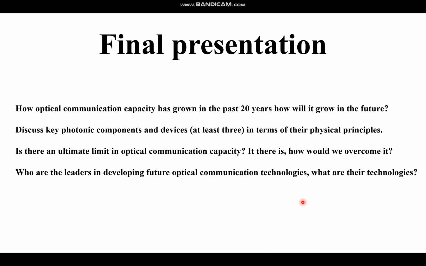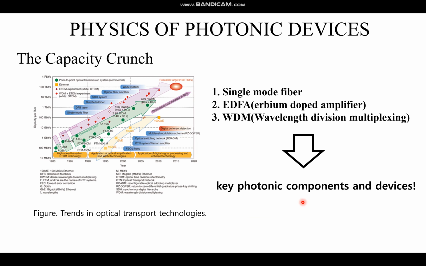Here is the question. The question will discuss four things. Year by year, the demand for data is increasing very highly, such as with YouTube, videos, and very big internet data systems.